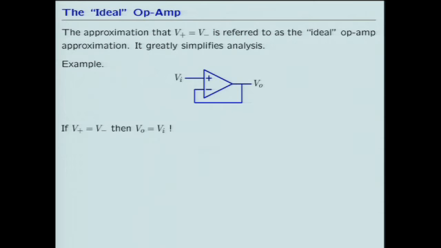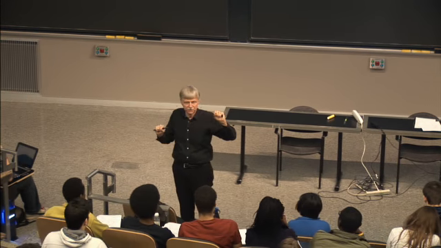If it didn't do that, think of what it would mean. If K is a big number, and the output voltage is K times the difference, if the difference is anything other than epsilon, V out has to be infinity. If K is very big, the only way the output could be some reasonable number, like a volt, would be if the difference between V plus and V minus is very small.